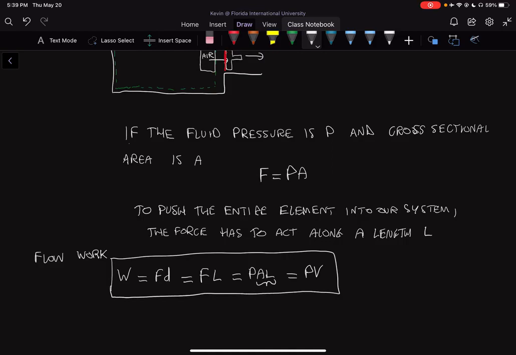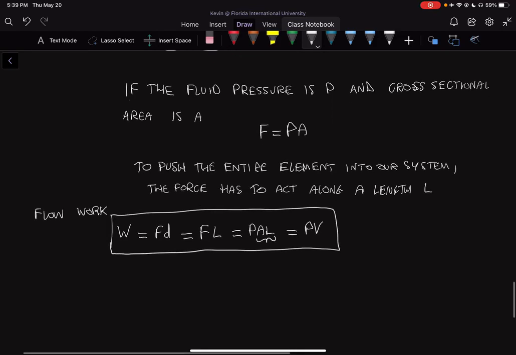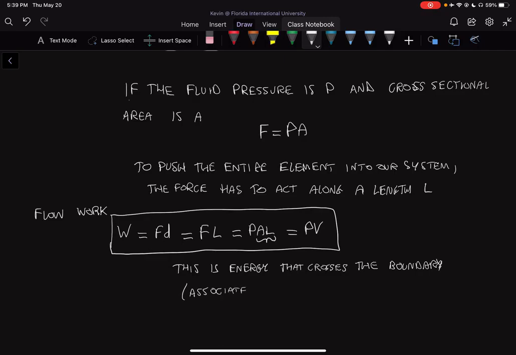We can use any equation to figure out the flow work. But essentially, this flow work is the other energy that crosses the boundary associated with mass.